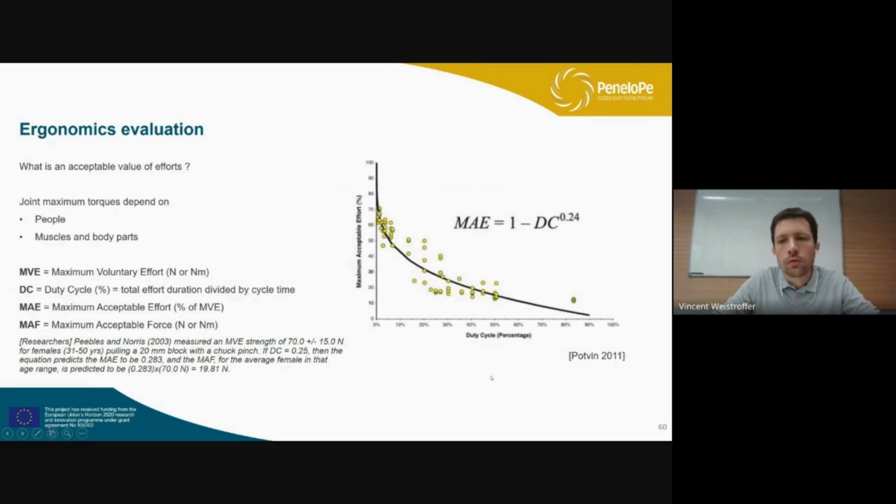When we talk about effort, one big question is: what is the acceptable value of efforts? This is not an easy question. Actually, joint maximum torques, or bone maximum force, depend on people, because you have people that have more muscles than others, and they can deploy more force.